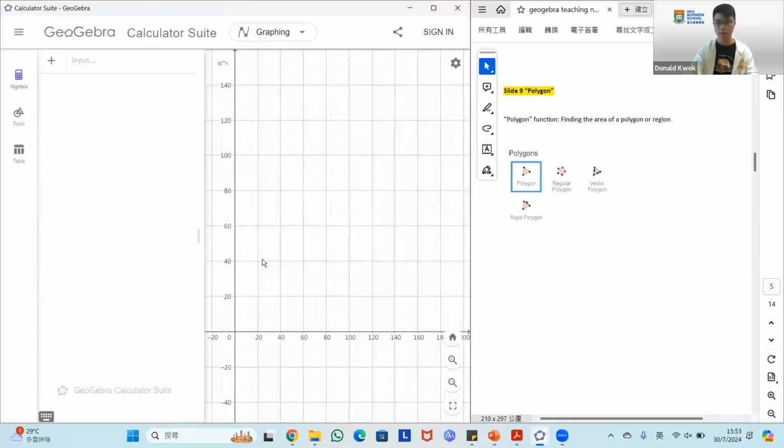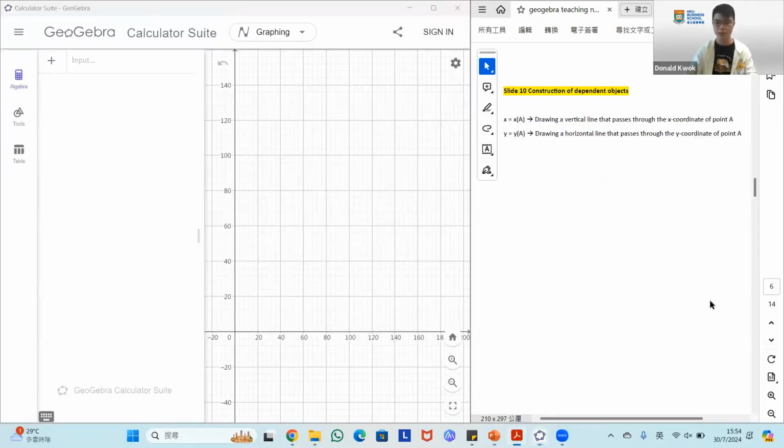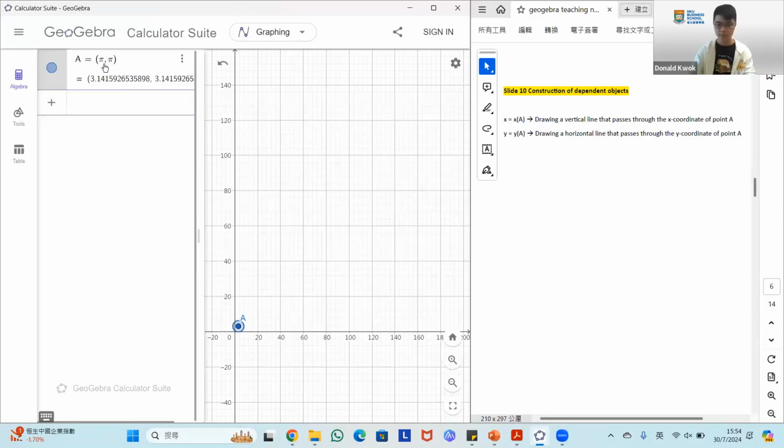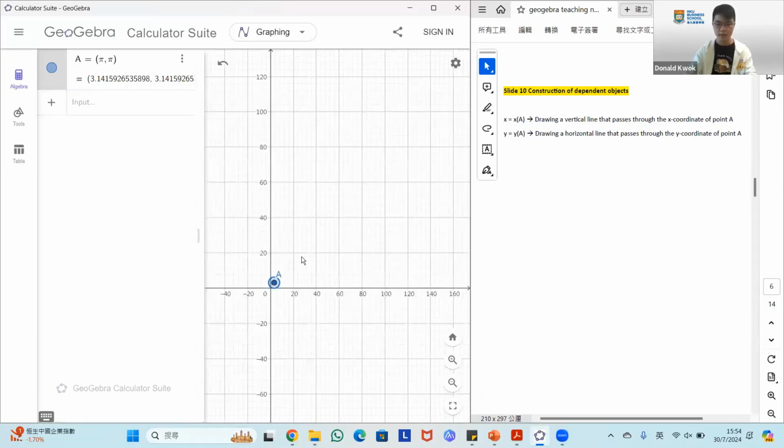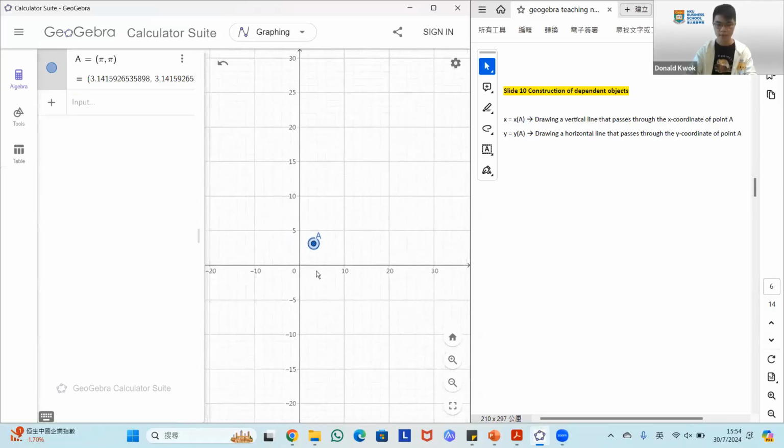Second of all, the construction of dependent objects is also convenient in problem solving. Imagine we have a point, pi, or 3.1415 and so on, here. How can we draw a vertical line passing through this point?